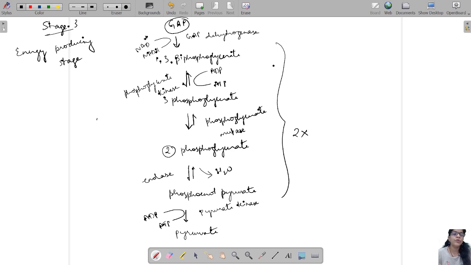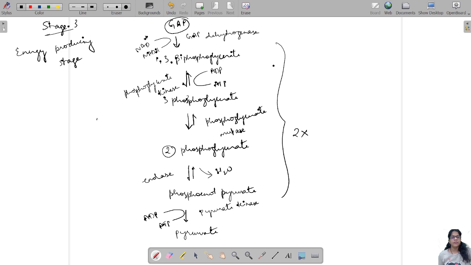And again, I told you kinase enzymes are involved only in the transfer of a phosphate group from one molecule to another. Already you can see in 1,3-bisphosphoglycerate you have a phosphate group in the first position and in the third position.